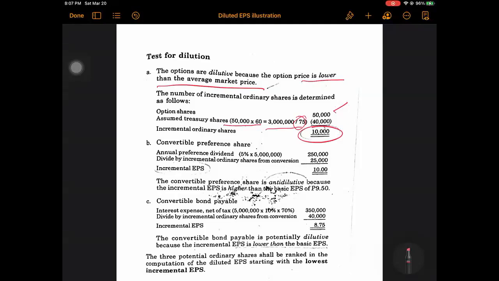Unsay effect niya sa computation. Second is convertible preference share. Let's test if dilutive ba ni siya or dili. Diba? So convertible preference share, you have, diba, the computation for your incremental earnings per share. You have the annual preference dividend of 250 divided by the incremental ordinary share from conversion.